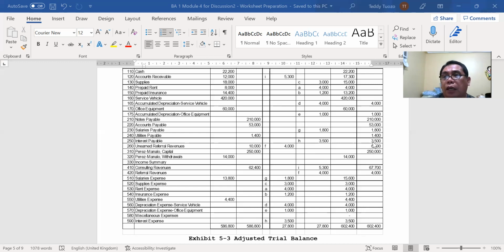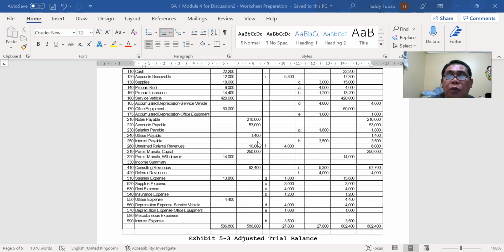So you forward it to the credit column also, because there was no transaction again in the unadjusted trial balance. For unearned revenues, there was already a recognition; 4,000 has already been collected and the service performed, the wedding. So from 10,000 minus 4,000, the balance is now 6,000.